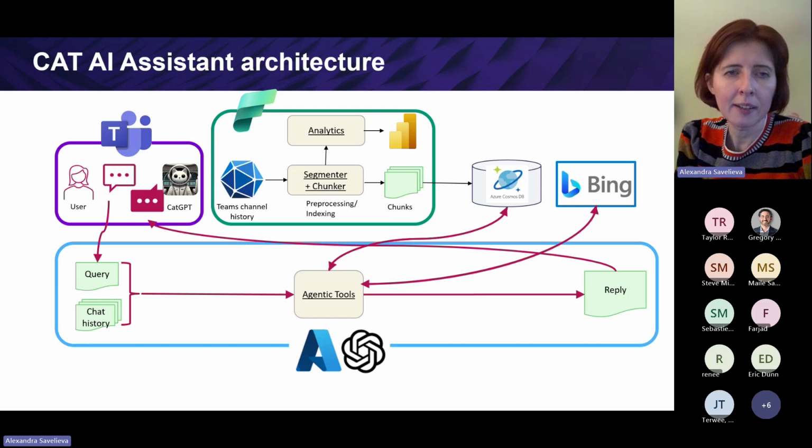If not, it can go back to Azure Cosmos DB with a reformulated query from the user or a reformulated query to Bing. And once it decides that there is enough information, it formats it according to the guidelines we give in the prompt and replies back to the user, and all of that is deployed within Teams.